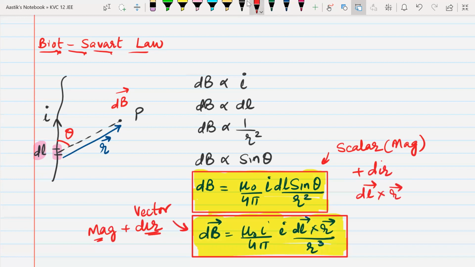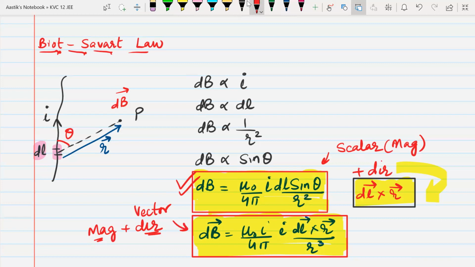We will try to understand this direction in the next class. So basically, which formula are we going to use? The formula that we are going to use is the first one, and we will find out the direction of the magnetic field by dl cross r. Do we understand this?